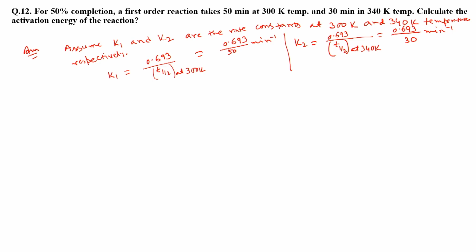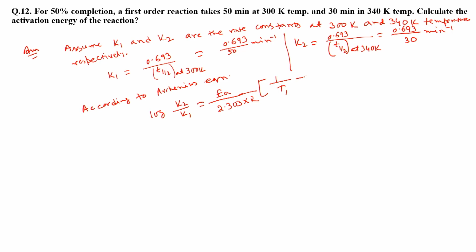So, now we will use the Arrhenius equation. According to the Arrhenius equation, we write log K2 by K1 is Ea by 2.303 R, where R is the gas constant, times 1 by T1 minus 1 by T2.